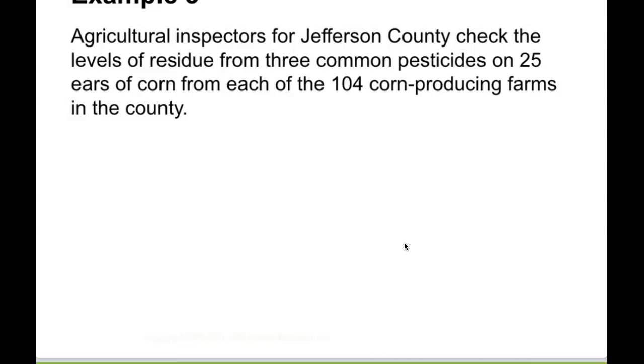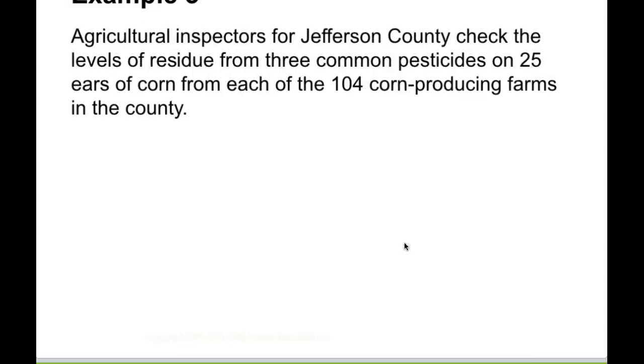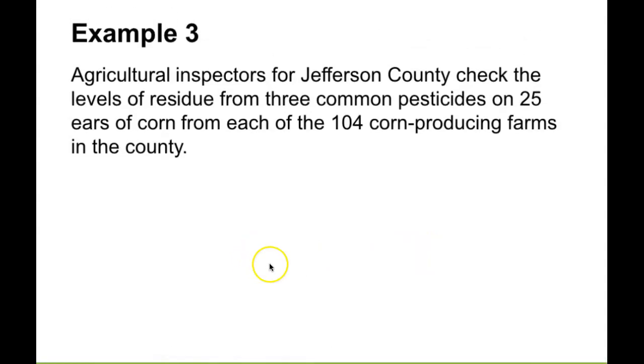I think I deleted something because I don't know. Oh, you know what? I know what this is. So here I'm going to give us the statistical study we're trying to produce or the sample we're trying to get, and then we're going to decide what we think is the most efficient sampling method here.